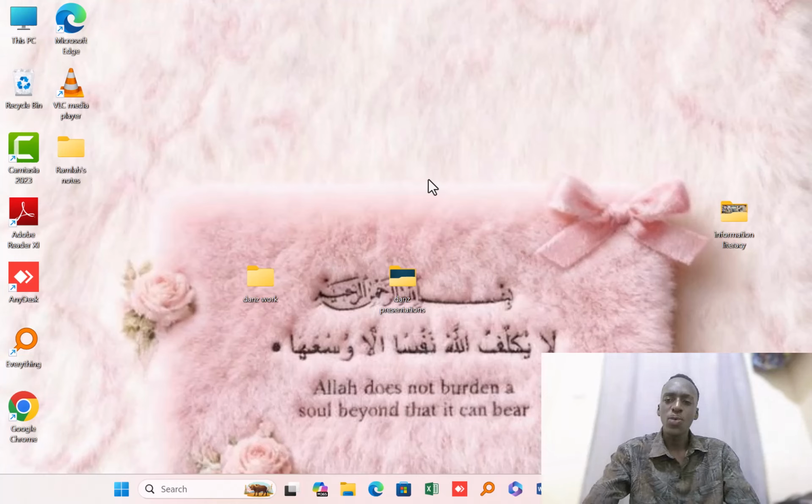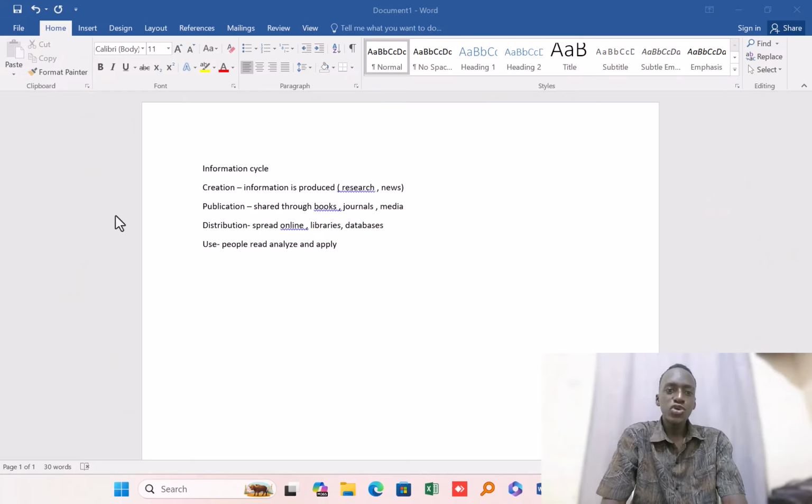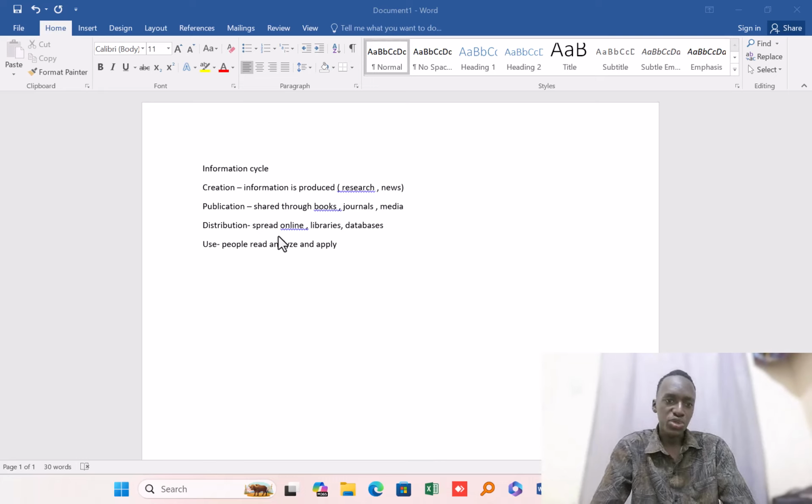And so we have the information cycle. The information cycle involves the creation, the publication, and distribution. We can try to look it up here on the things that I had prepared earlier. So we have the information cycle. The information cycle involves these four stages.